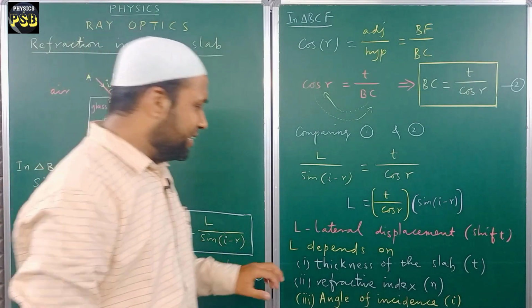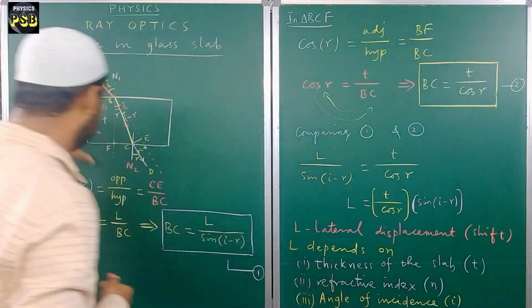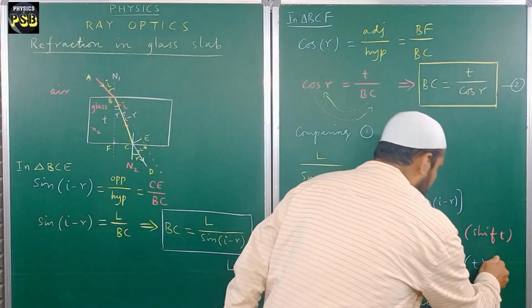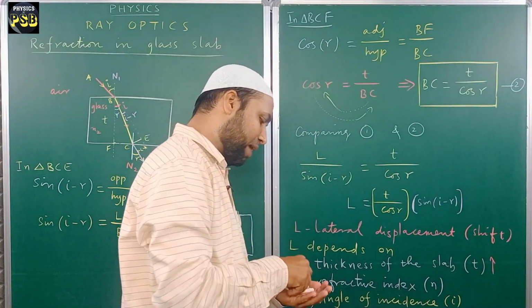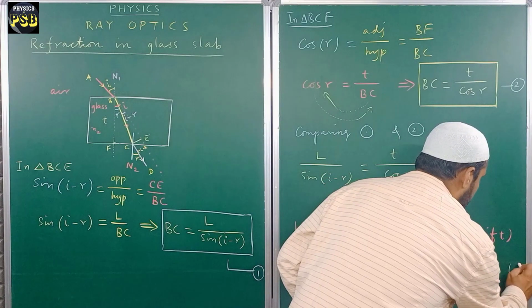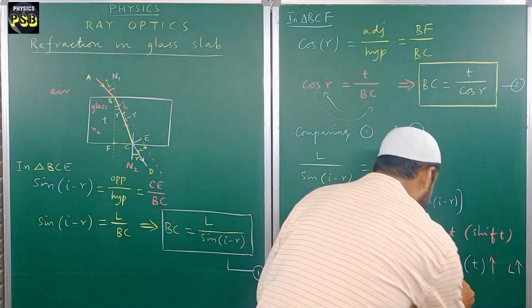So if we increase the thickness of the slab, automatically what will happen? L value will increase. With the increase in thickness of the slab, lateral displacement will increase. The same thing happens with the refractive index.